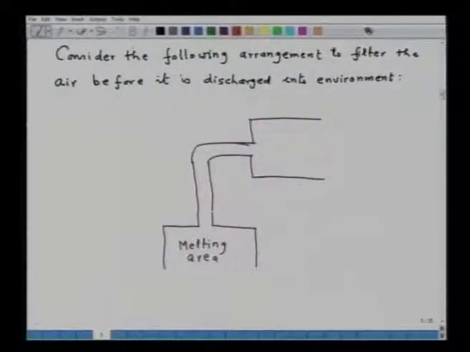This is where we are required to install a fan so that we can suck the air, and somewhere here we have the bag house.